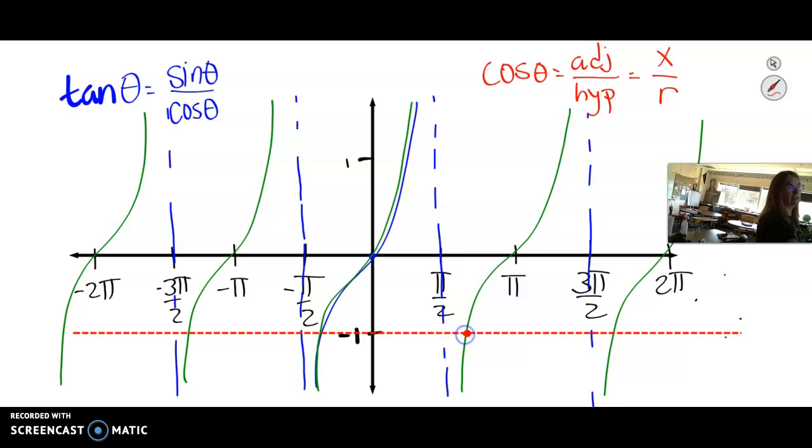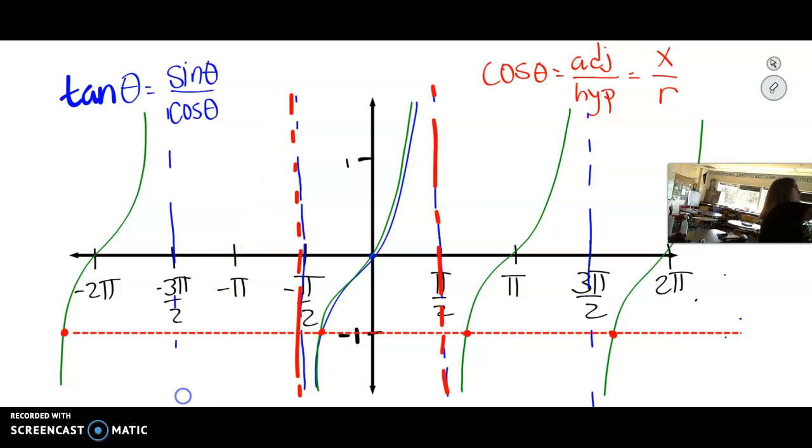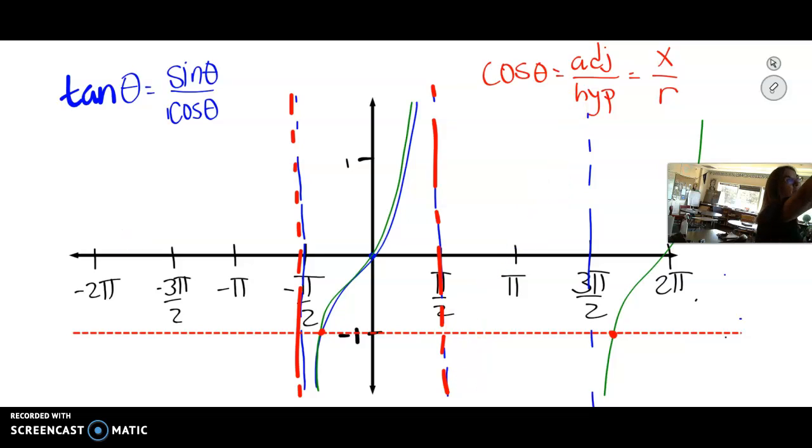There's this one, this one, this one, this one, and this one. But what we talked about the other day is that your calculator is only going to find the one that's in between negative pi over 2 and pi over 2. Because remember, we had to make the graph 1-to-1, so we had to restrict the domain. So we took away all of these other branches so that we could graph a function when we graph the inverse.